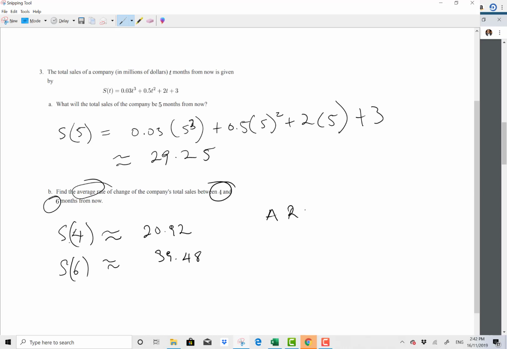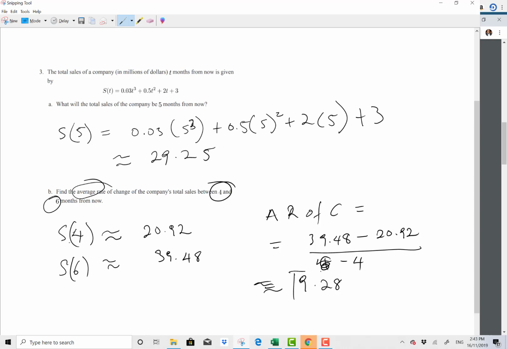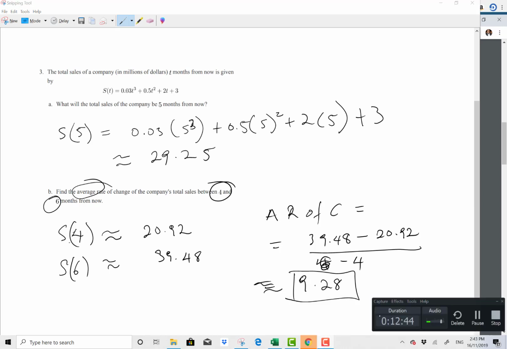So the average rate of change is going to be simply equal to 39.48 minus 20.92, divided by 6 minus 4. So that's going to give me approximately 9.28, and that's my average rate of change given those 2 intervals. All right, so that completes 3A and 3B.